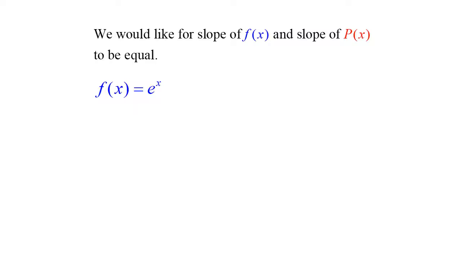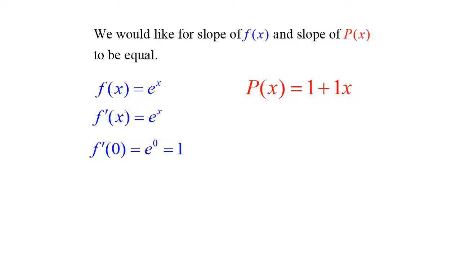We would like for our polynomial to have the same slope then as the function. Well, remember the slope is the derivative. So if we do the derivative of the function at x equals 0, we need our polynomial to also have a slope of 1.